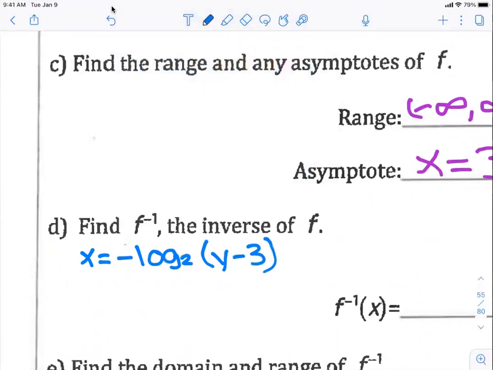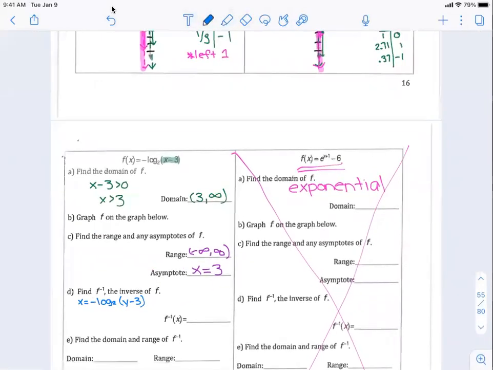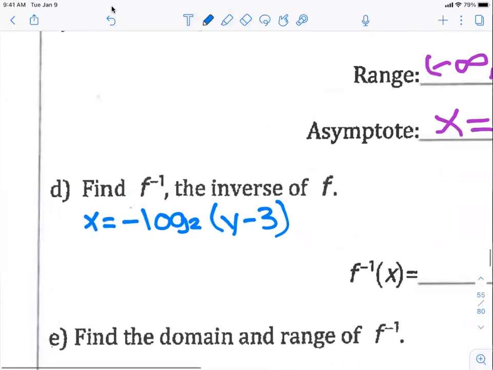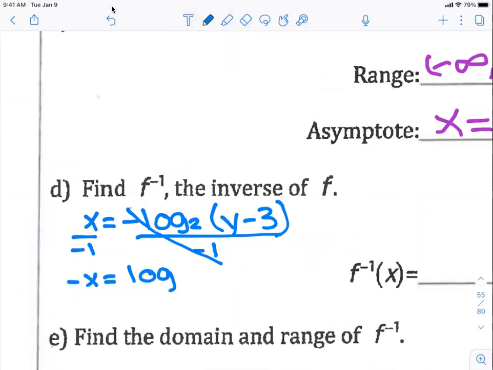So again, I just took the original equation and switched the x and y's. Now I need to solve for y. So I need to isolate the log. So the first thing I'm going to do is divide everything by -1 so this -1 can cancel. So I'm going to have negative x equals log base 2 of y minus 3.